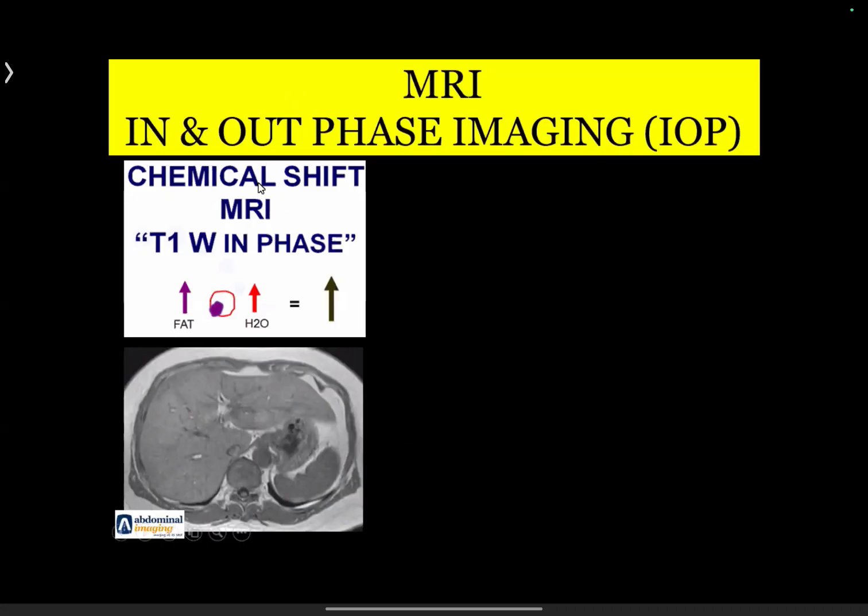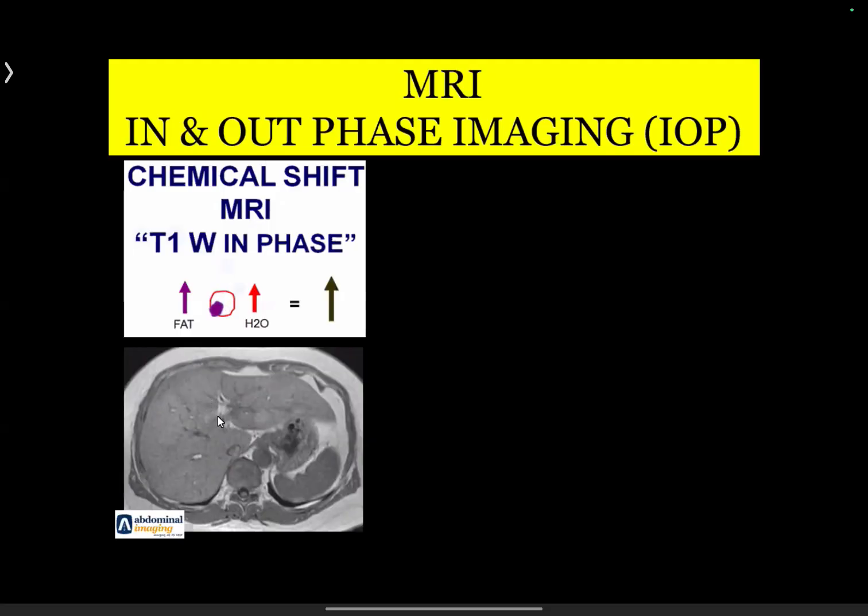The MRI, let's understand what is in and out phase imaging, which is the base sequence. It is also called chemical shift imaging. When you do an in and out phase T1 weighted image, it gives you two sets of images. The first set is called the in phase image, and the second set is called the out phase image. So what happens in an in phase image, the fat as well as the water signal add to each other.